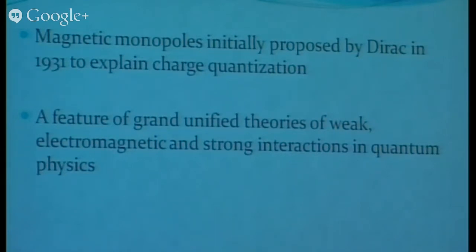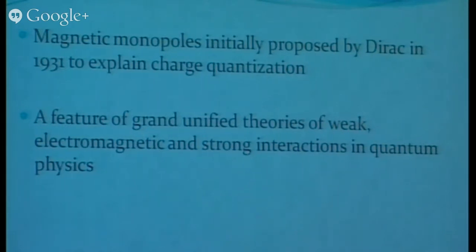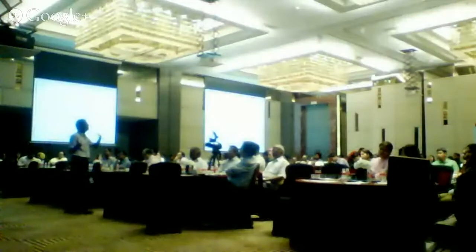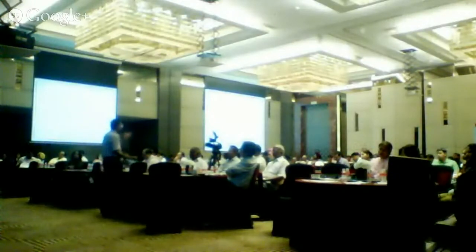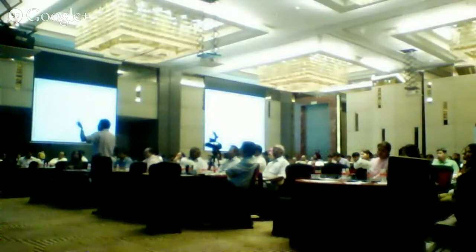Another thing, of late people are talking about grand unified theories of weak, electromagnetic and strong interactions. And an important component of this theory is also the magnetic monopole. So theoretical predictions are such that we shouldn't be very much surprised if magnetic monopoles were to be proposed or suggested. Then there is another reason for introducing magnetic sources, which is what is called the duality principle.